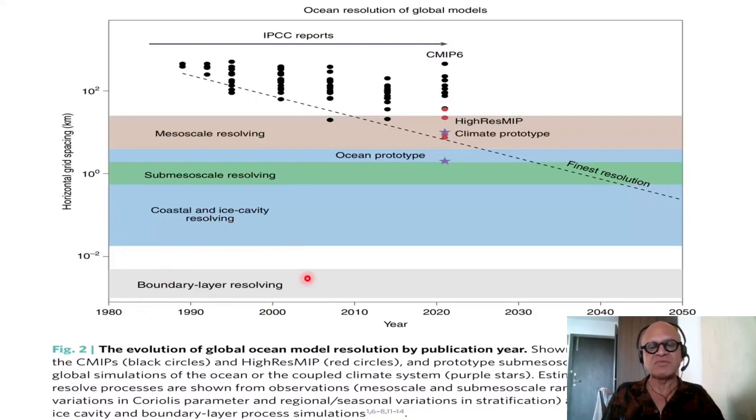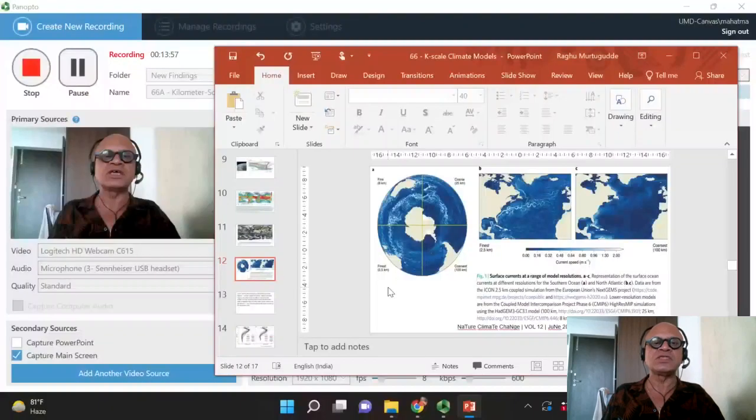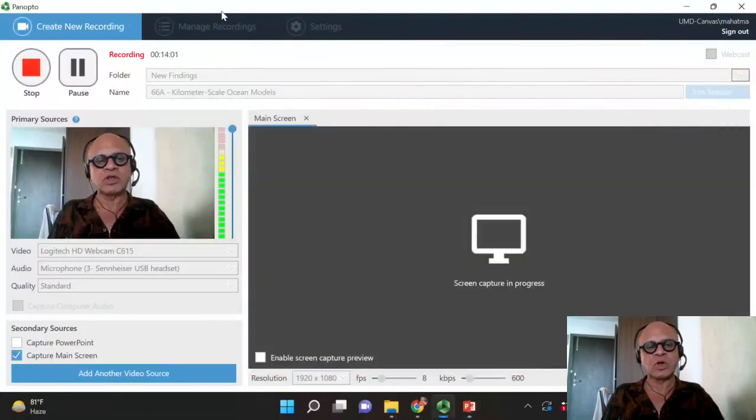Boundary layer resolving models, you can see here, begin to get into meters. This is kilometers, so you obviously need to get into kilometer scale modeling to resolve some of those issues. So this goes together with the kilometer scale climate modeling that we talked about in the previous podcast.